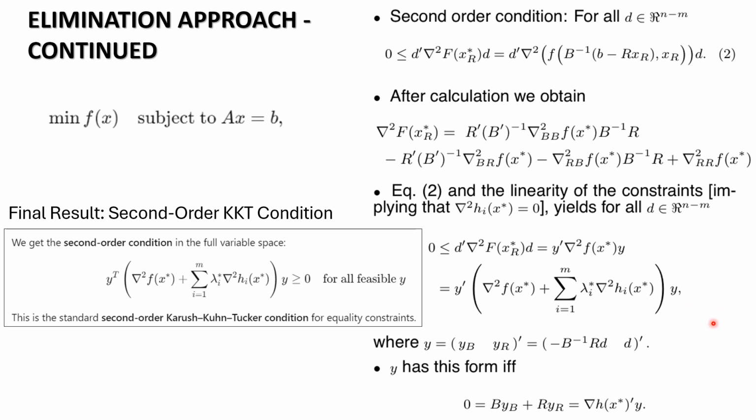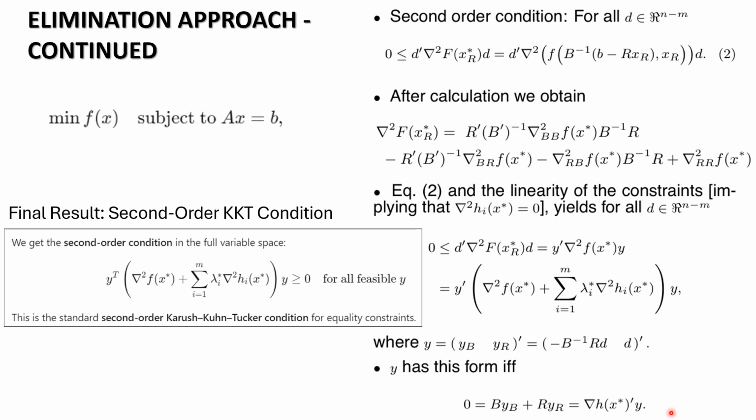Then we need to construct y from d. We define y as follows. This is the transpose of the column vector (y_B, y_R), where the first element is minus B inverse R d, and the second is d, and this vector satisfies such a relation.